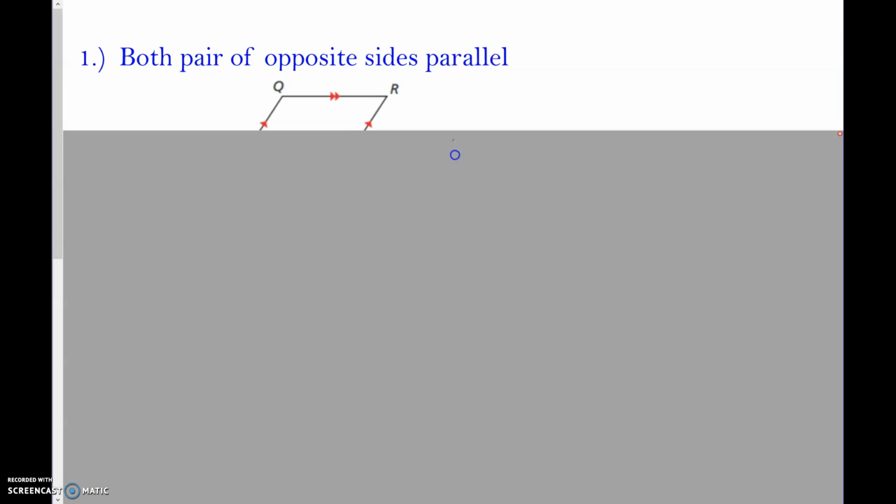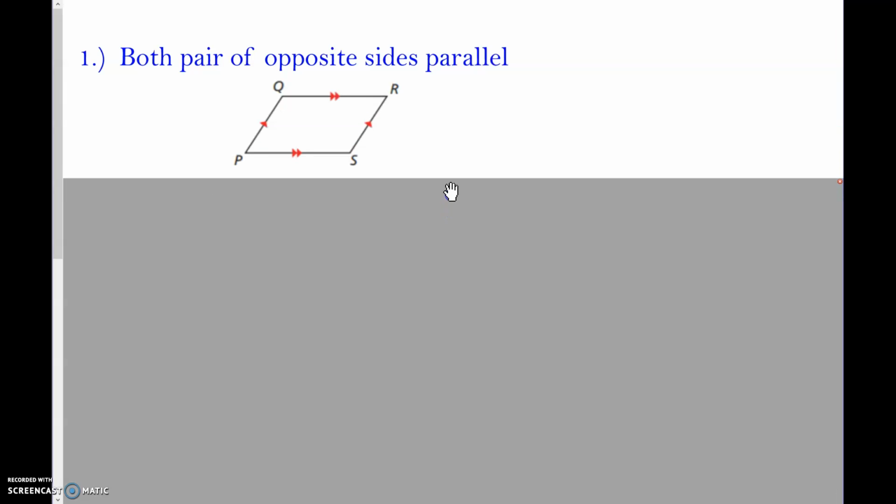All right, so the first one is, how do we know if we have a parallelogram? So this is the converse. What we started with yesterday, we have a parallelogram, so both pair of opposite sides are parallel. Well, now the converse is going to be, if we have both pair of opposite sides parallel, then this is a parallelogram.